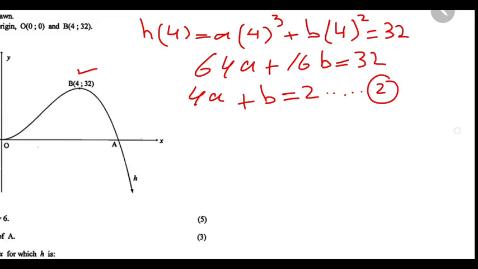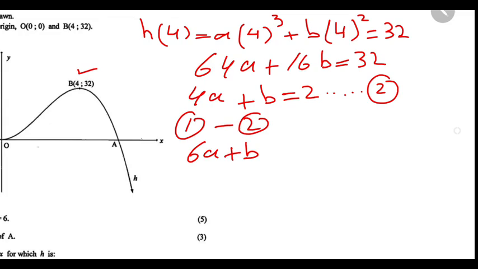Now solve the system of equations. So equation 1 minus equation 2. I'm using the elimination method; you can use the substitution method as well.